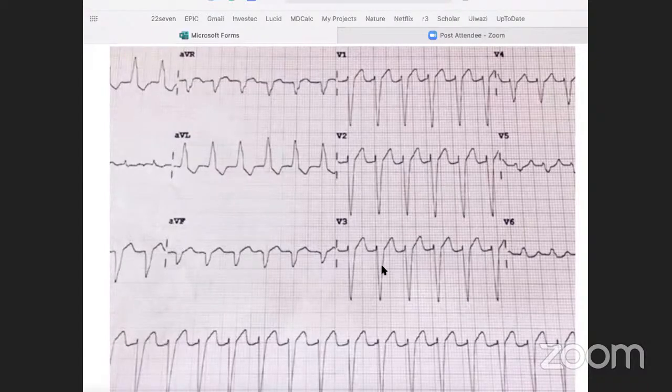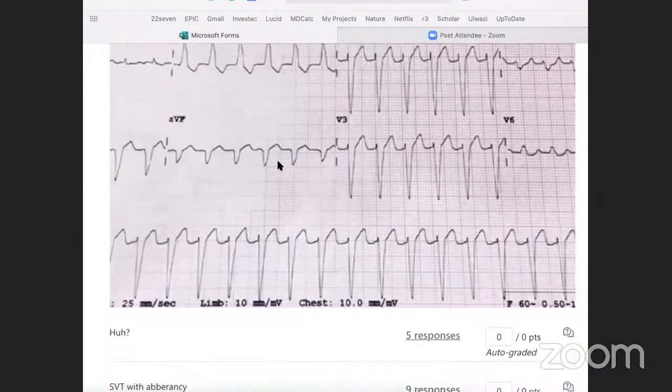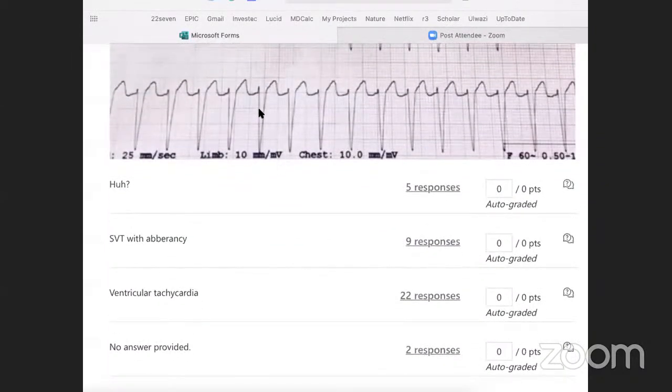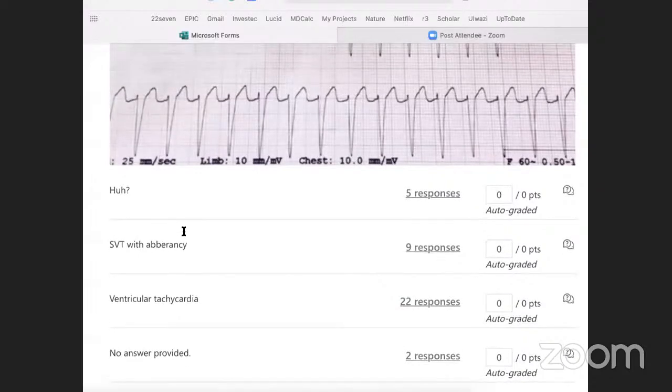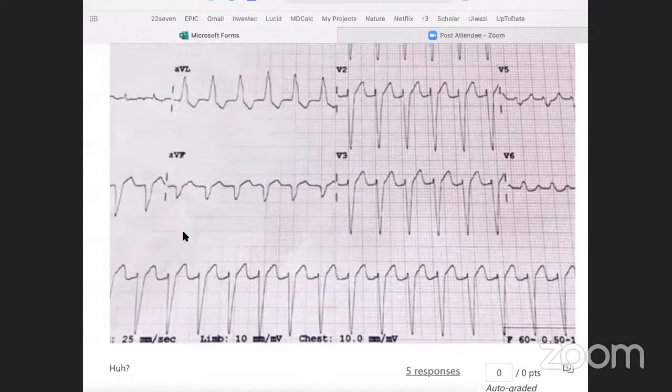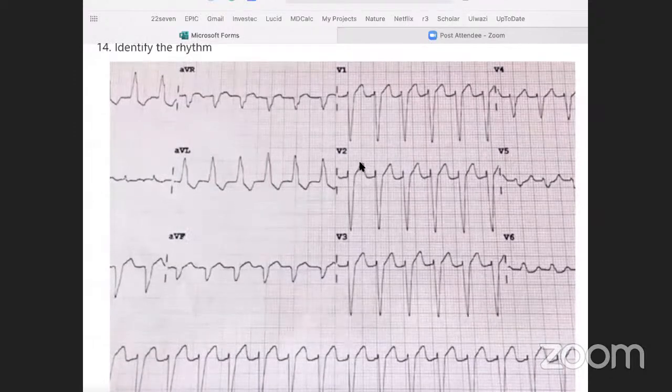In your own time, please do look at Brugada's algorithm, which has just a few steps. No one would be faulted for thinking that this is a ventricular tachycardia, but it's actually an SVT with aberrancy. A useful thing that we can do is the Lewis leads, where we move our right-sided limb leads onto the sternum. I'll share that picture in the slide.